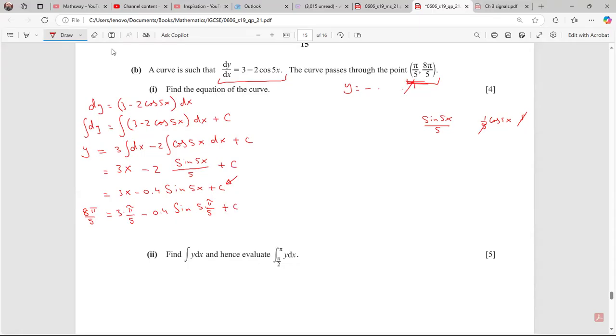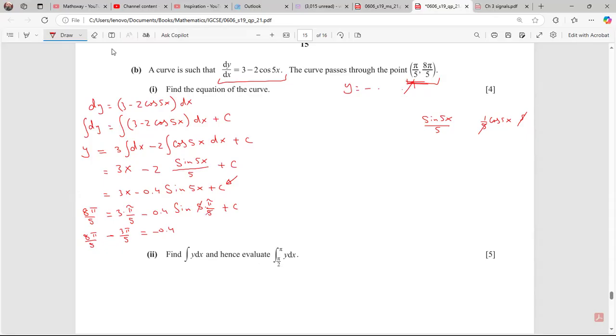If I take 3 pi by 5 to the other side, I get 8 pi by 5 minus 3 pi by 5 equals minus 0.4 times sine of pi only, right?